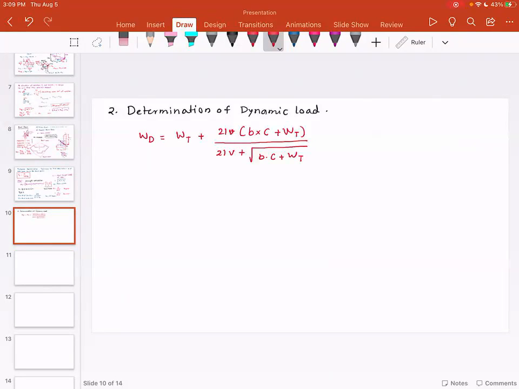And using the table 28.5 onwards, you can find out the values of C and other values. The next part is determination of the static load. Step 3.